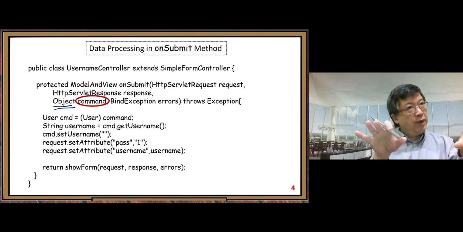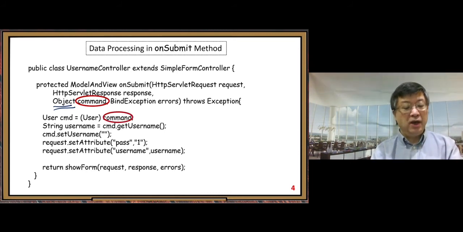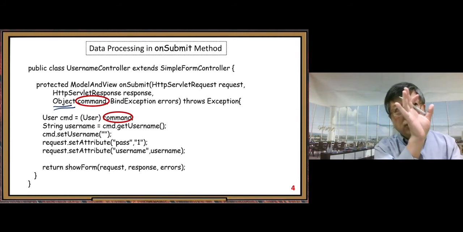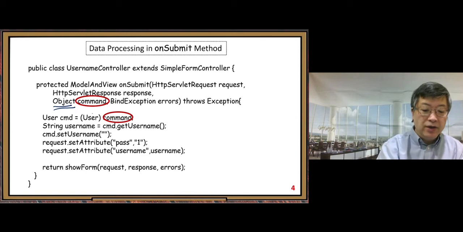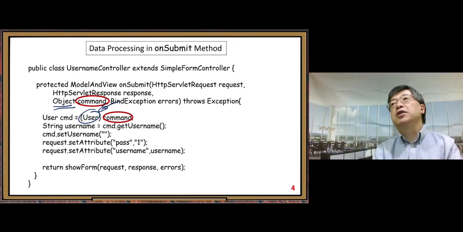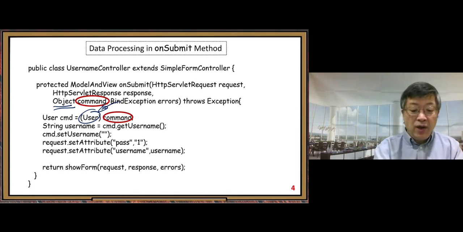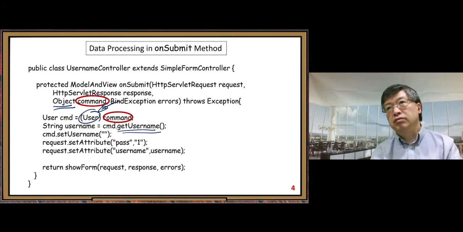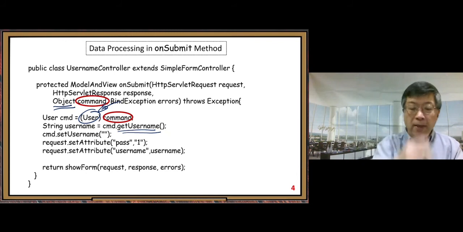Then, when we go down to the coding part, we need to do casting. The command object, we know, is connected to a special Java bean, here this user Java bean. So we need to cast it to convert it to the appropriate subclass. After that, we can call setters and getters on this command object to read and write data. All right.